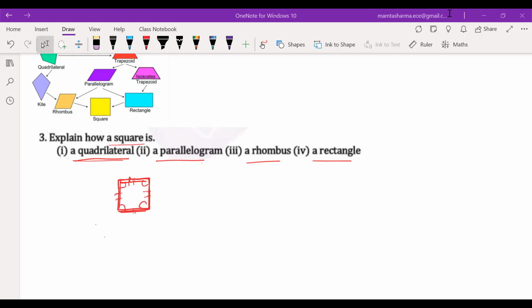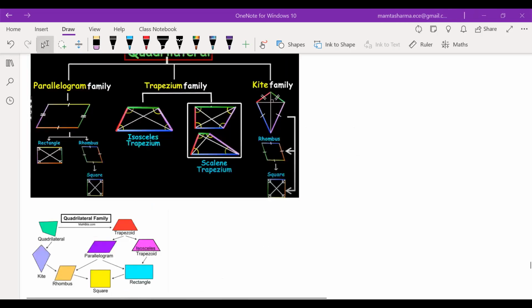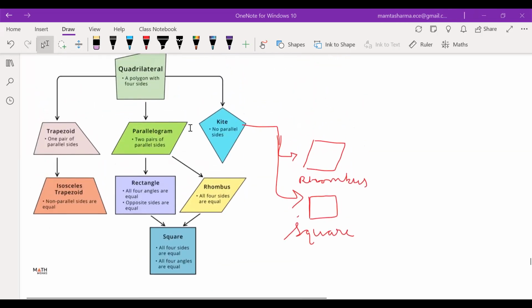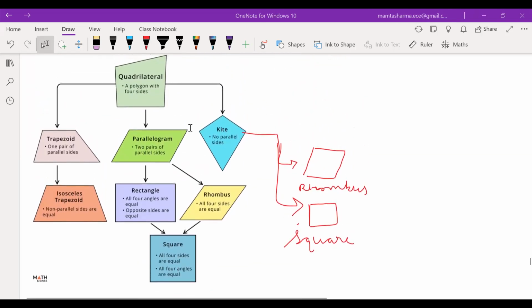I want to take a screenshot. Okay, all of you take a screenshot of this quadrilateral family, because here the property is also given.